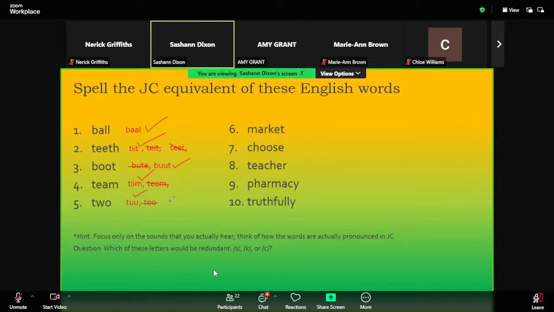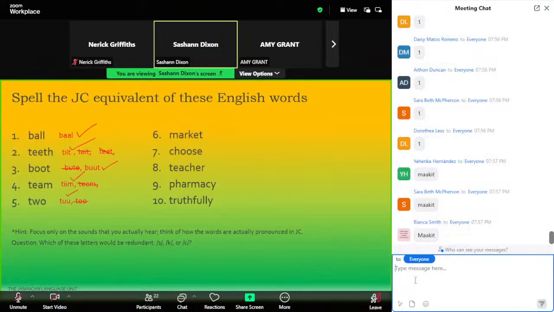Now, remember I did say don't forget your short vowels. So jump into number 6. Your pronunciation for number 6 is market. Market. Another time, market. Let's see what we're working with.